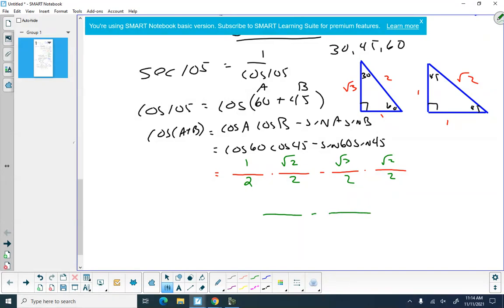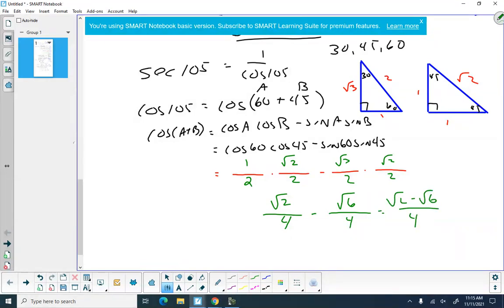Multiply your two tops, multiply your two bottoms, and put them all together over one denominator. So you should have square root of 2 minus square root of 6 over a value of 4.